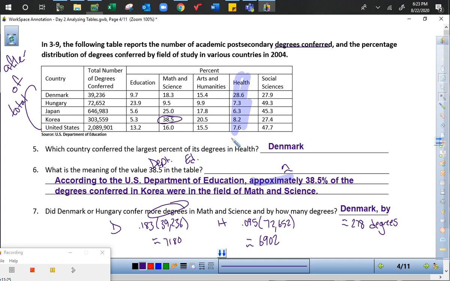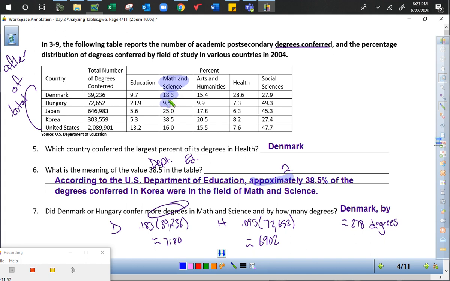Let's look at the plain degrees. So for this one, it wanted us to look at math and science. Okay, so I'm going to erase my markings on this. We want to look at math and science, and we specifically are comparing Denmark and Hungary. Denmark math and science is this number, Hungary math and science is this number.